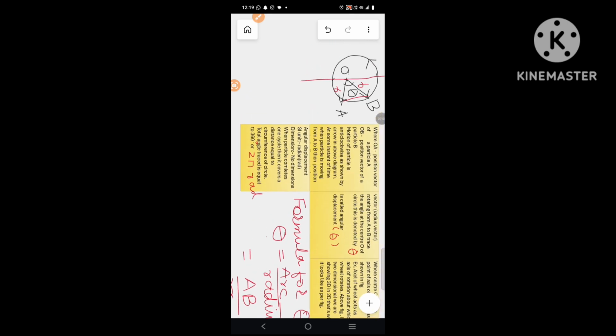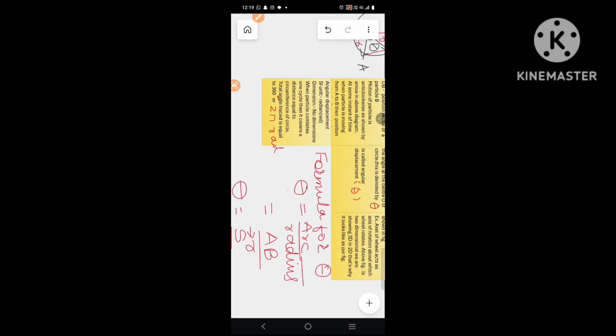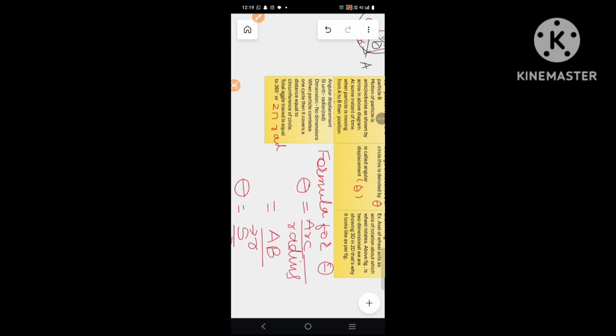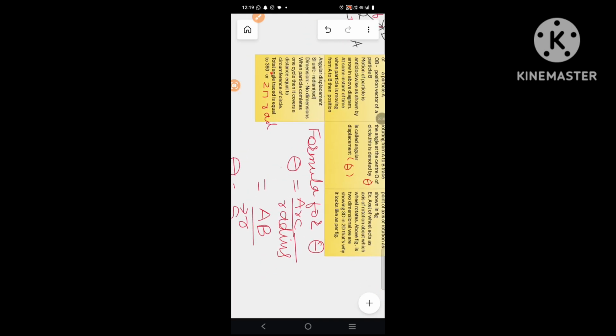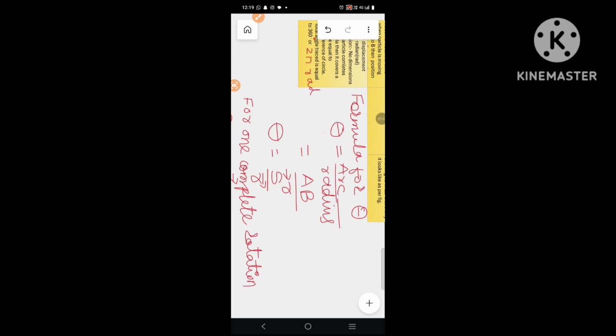Radius means the position vector, OA vector, or you can take the OB vector; OA is equal to the radius, and OB is also equal to the radius. We denote the radius as R. So theta is equal to arc upon radius, where the arc is AB as shown in the figure, divided by radius R.